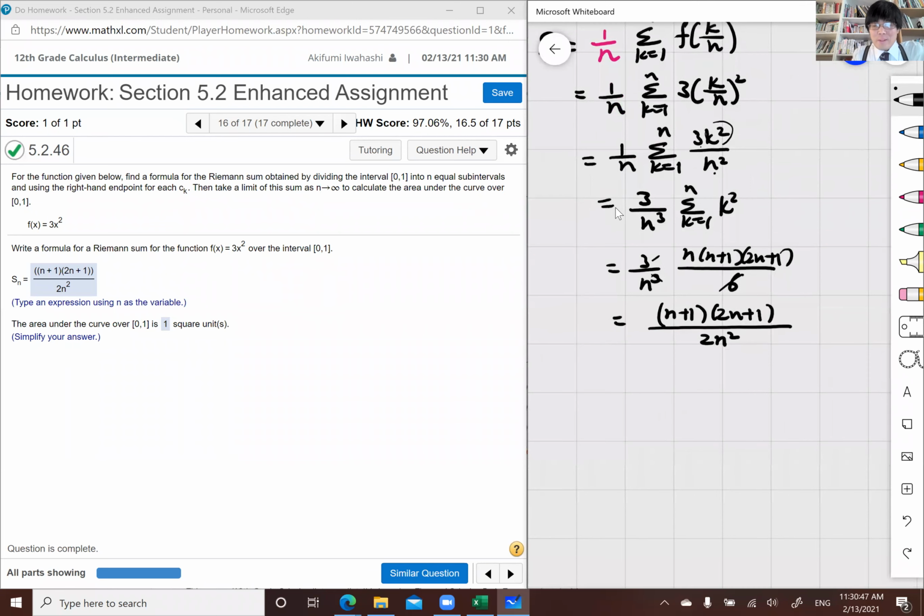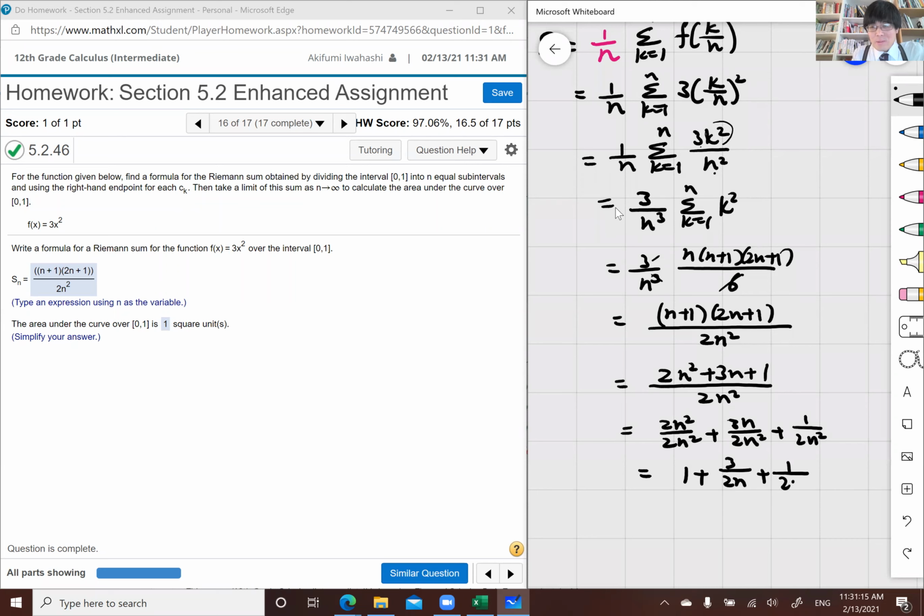We can simplify this a little bit for the limit process. Let's expand the numerator like this. Because the denominator is a monomial, you can split it into three fractions like this, and that might make it easier to find the limit. So this is equal to 1 plus 3 over 2n plus 1 over 2n squared.